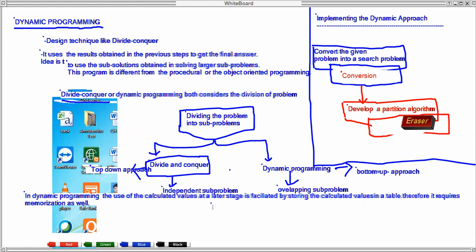So the partition algorithm says that we have to divide the problem into a subspace. After this, what will happen? After doing this, we go for table fitting, regarding what we are telling.